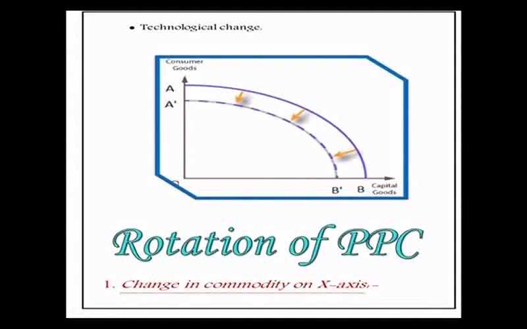Rotation of PPC happens when there is change in productive capacity with respect to only one good. Rotation can either be for commodity on the x-axis or for commodity on the y-axis. First, you can see change in commodity on x-axis.